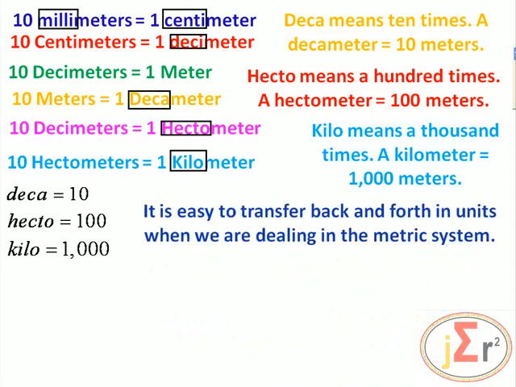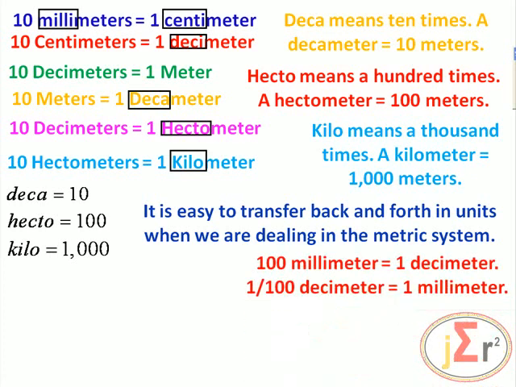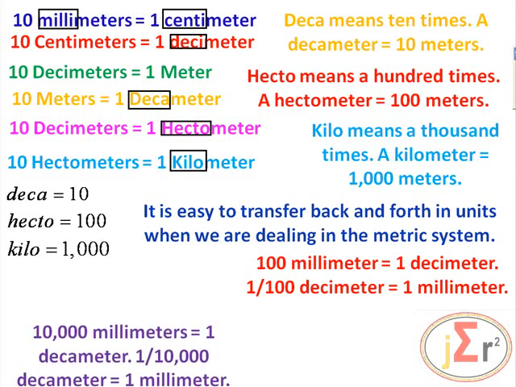It is easy to convert back and forth in units when we are dealing in the metric system. 100 millimeters is equal to 1 decimeter. Therefore, 1/100th of a decimeter is equal to 1 millimeter.